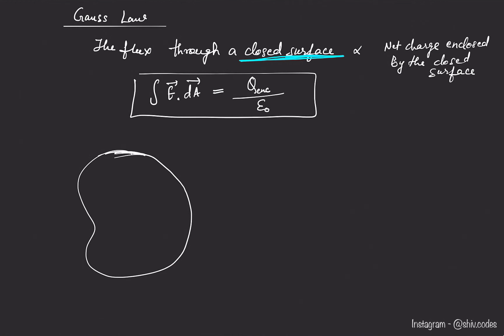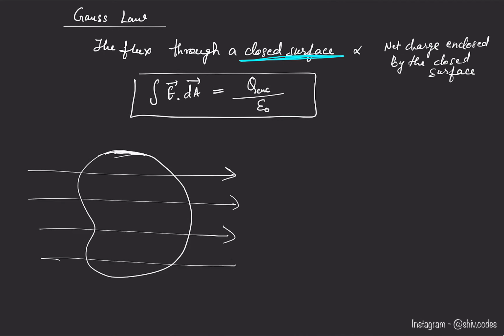So if the surface is kept in any electric field, like in the previous example, let's say the electric field is towards the right and it's uniform, the net flux through this closed surface due to this electric field would be 0.